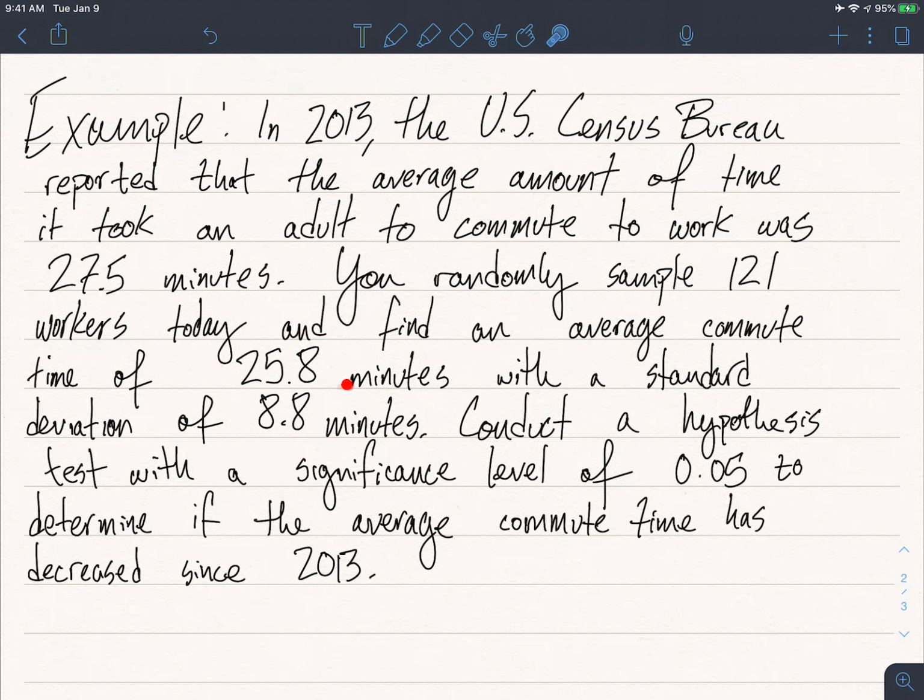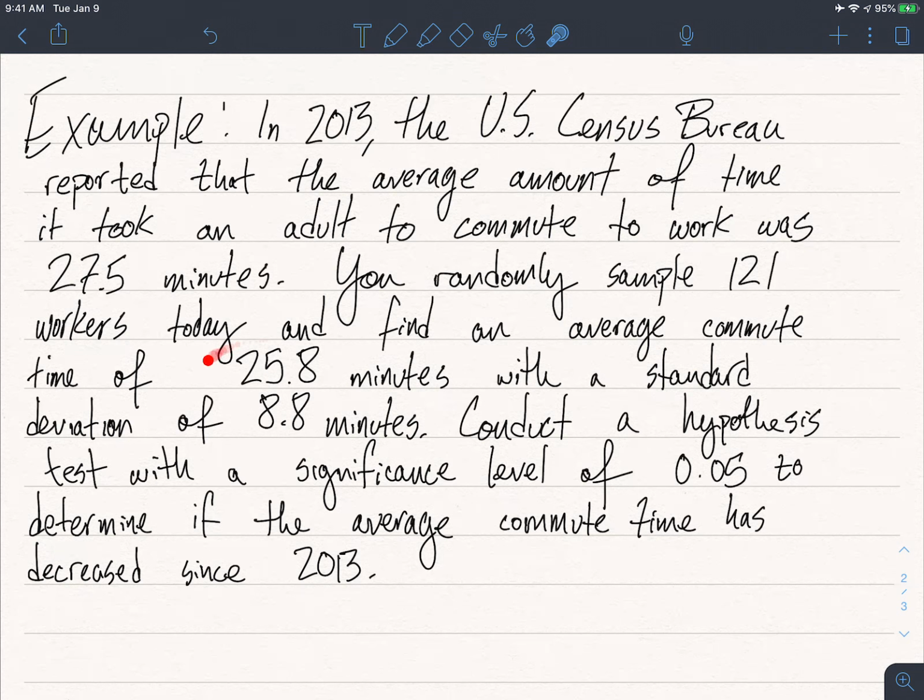But anyway, you go out, you find the average commute time is only 25.8 minutes nowadays. And you're curious, you conduct a hypothesis test with a significance level of 0.05 to determine if the average commute time has decreased. Basically, it only takes people 25.8 minutes to get to work nowadays. They said 7 years ago that it should take about 27.5 minutes on average for the average person in the United States.